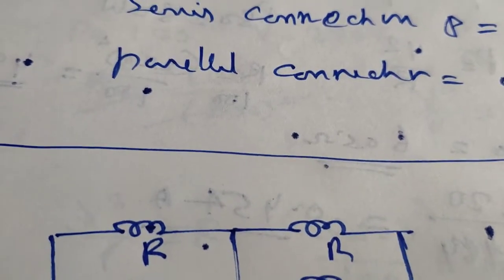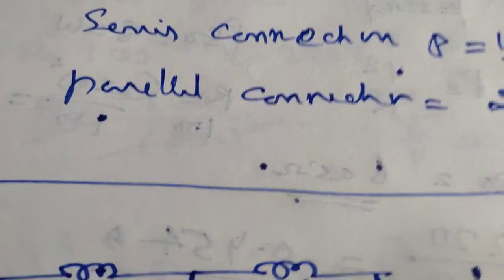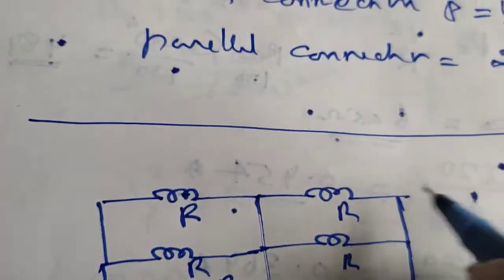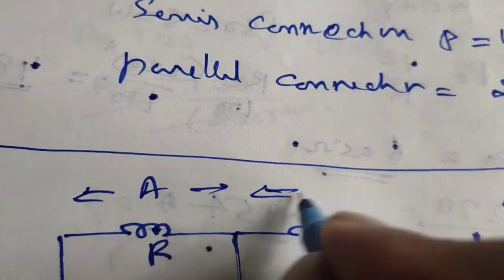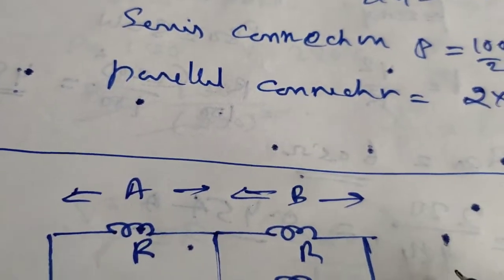Now the condition is their sections. This is one section, A, and this is another section, B.